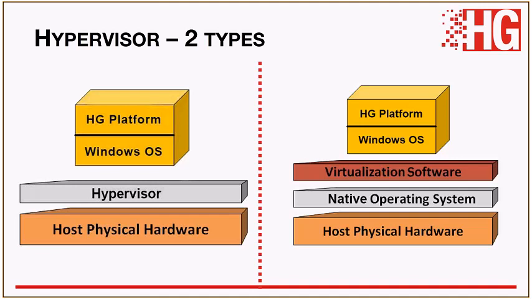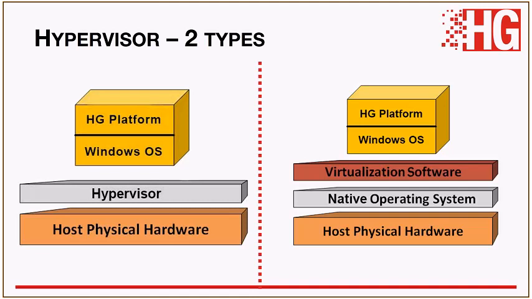So this diagram on the left is a type 1. In this particular case, on a type 1 hypervisor, we would have a Windows OS in the virtual machine and then run Windows Server OS, 2016 or 2012 generally what we're using today. And then the HG platform would sit on top of that and operate independently.